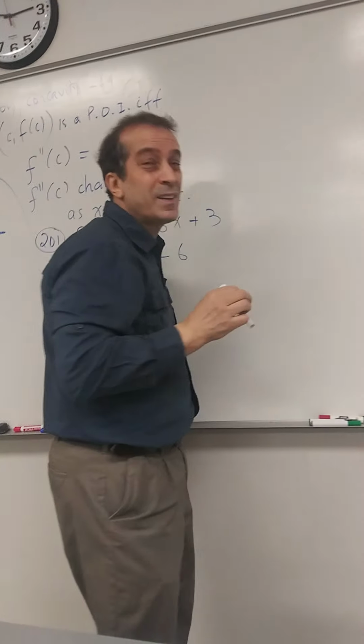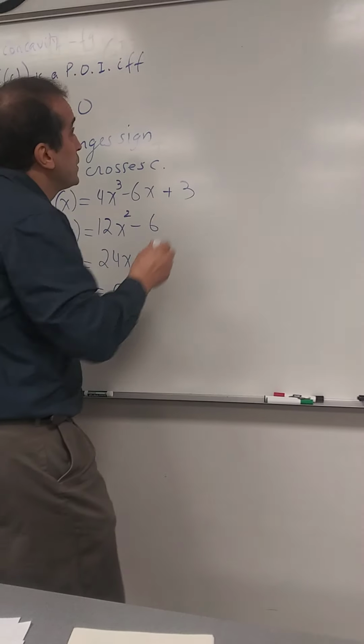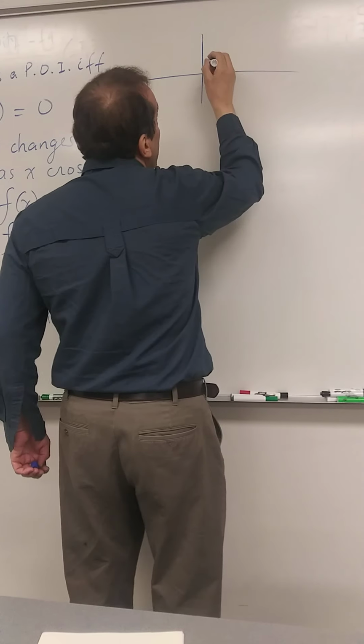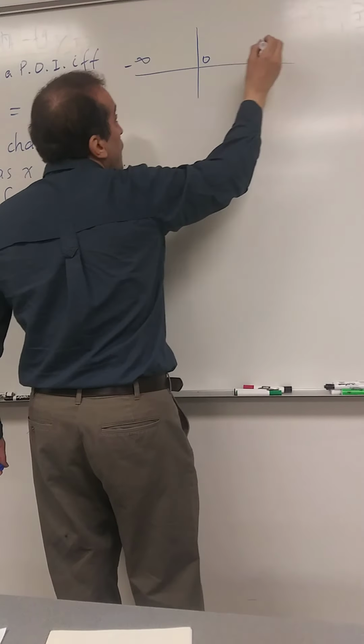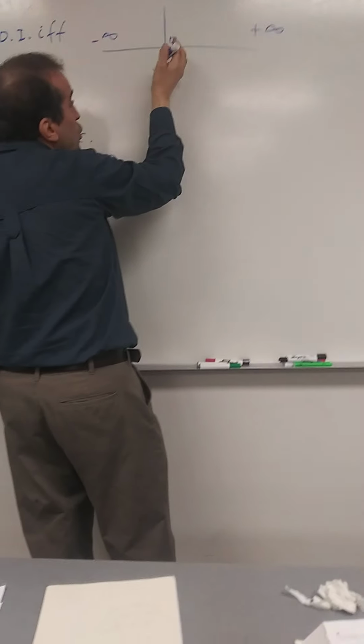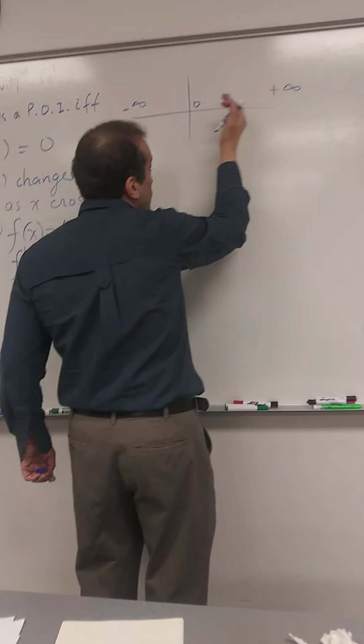We need to figure out, does the second derivative change sign or not as x crosses 0. So we're going to do this. We need to pick a test point to the left of x equals 0 and a test point to the right of x equals 0.